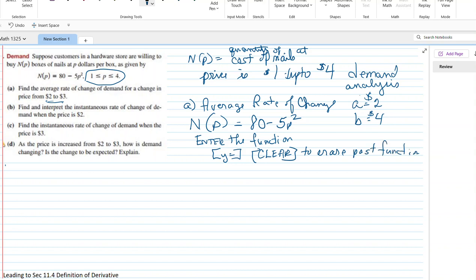And to enter this, we're using Y1. In Y1, we're going to enter 80, minus 5, and then the X key, which is second row, second key, and then the X squared key, which is down on the left. Okay. So now we're going to graph it.